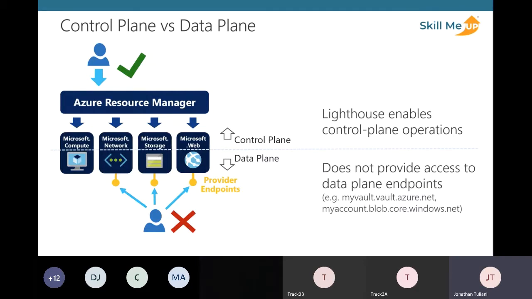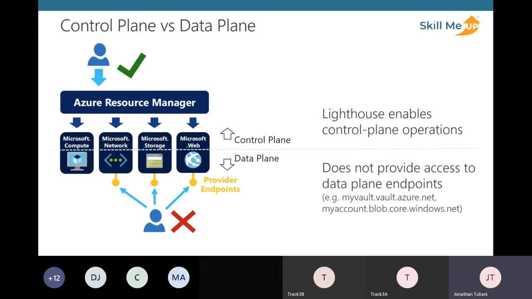Many of those resource providers expose their own endpoints, and there are various operations where you access those endpoints directly. For example, you can access Azure Storage through the storage endpoint, and you can authenticate in many ways there. You can use the access keys, you can use SAS tokens, but one of the ways you can access Azure Storage is authenticating requests using AAD. You can have AAD permissions to access storage.